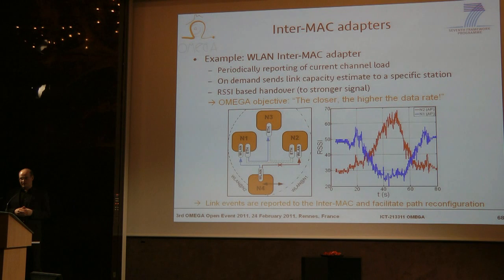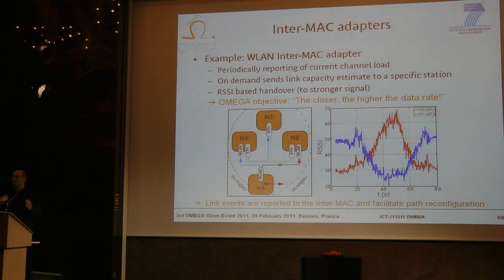And for example, we demonstrated a handover down in the showroom, and we have a handover which is based on the received signal strength indicator, which is provided by our network interface card, which was an Atheros card. And this addresses a certain objective, which was that the closer, the higher the data rate. This is very important because if you are connected to a certain access point, the closer the distance is to this access point, the higher the data rate will be, because the signal-to-noise ratio is better.